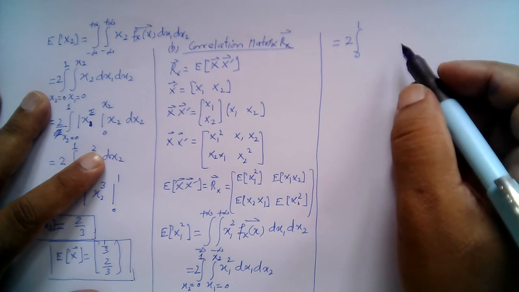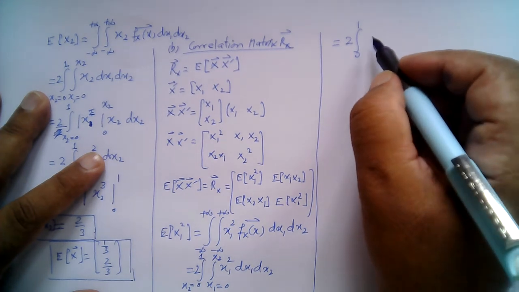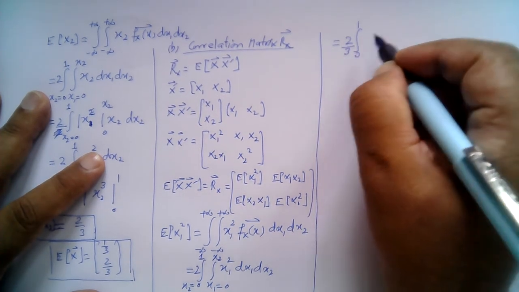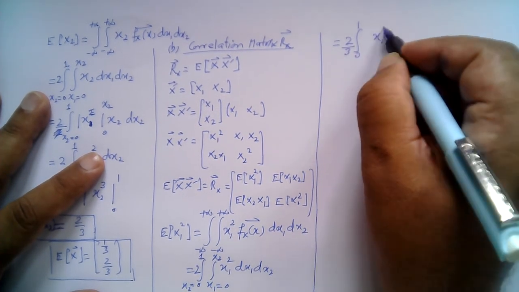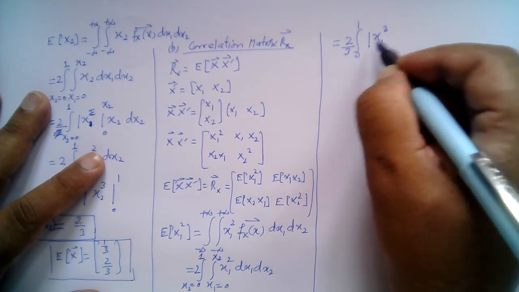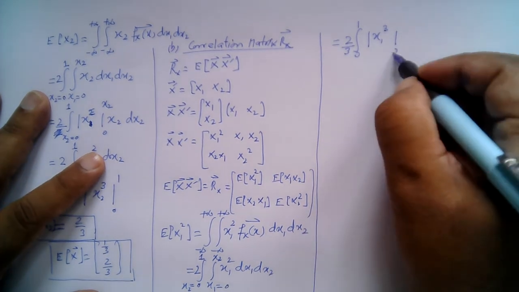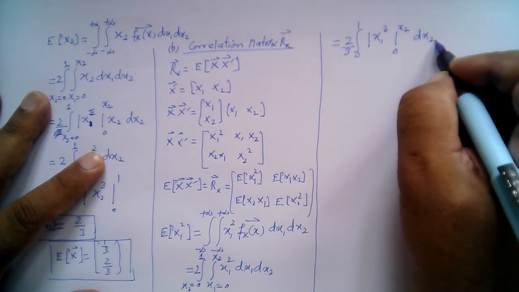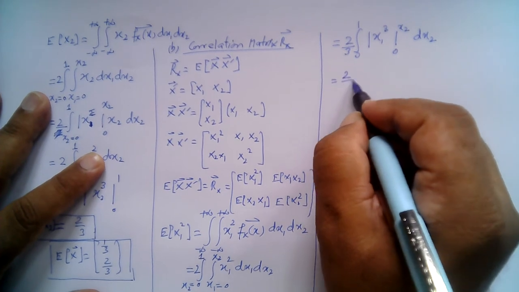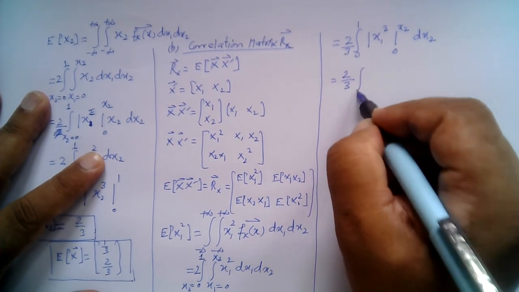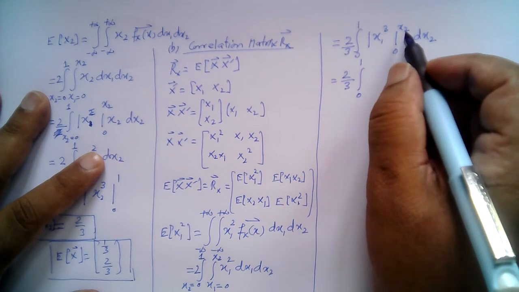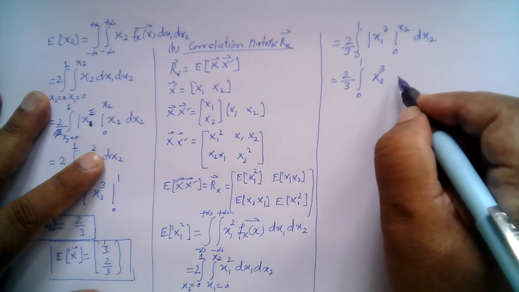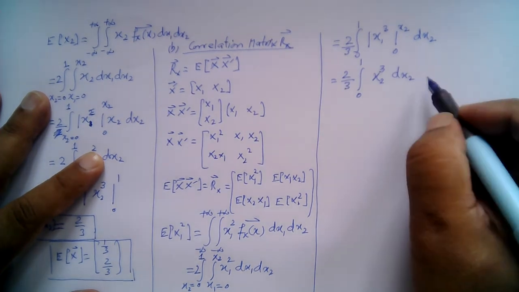And if we integrate with respect to x1 first, this will be x1 cube over 3. So 1 over 3 can be written here. The limits for x1 are 0 to x2, and we still need to integrate with respect to x2. So this will be 2 over 3, 0 to 1, and we put in the limits. So this will be x2 cube dx2.